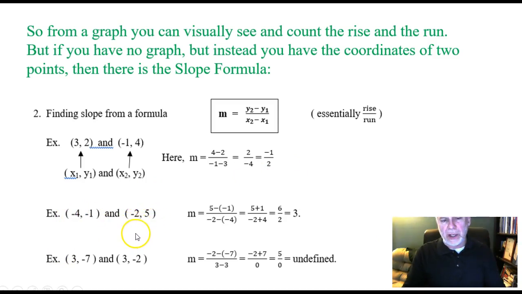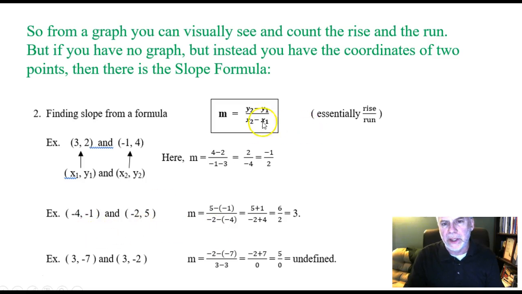All right. Another example, if you have -4, -1, and -2, 5. Okay, so we start the formula with y2 minus y1. So the y2 is 5 minus y1. Now, y1 is a negative, so we're going to have 5 minus -1. And when you have a minus a negative, of course, that's just plus. So I changed the 5 minus -1 to just 5 plus 1 in the numerator.